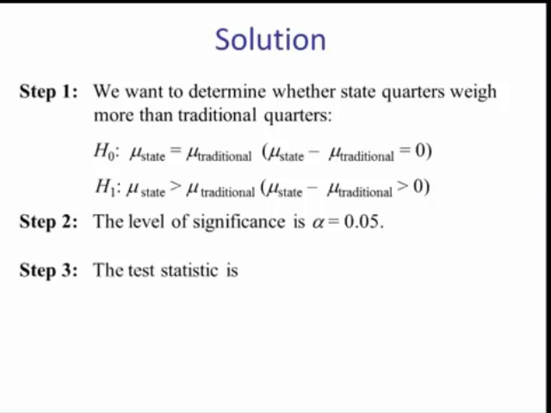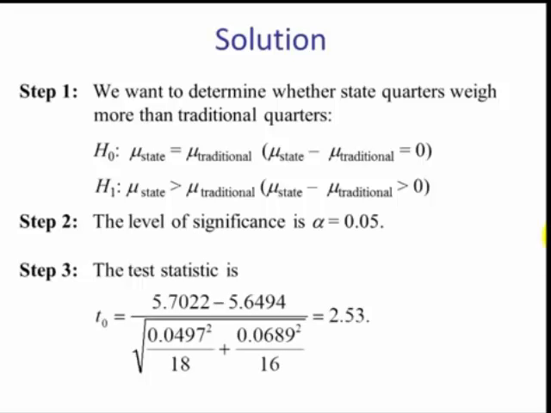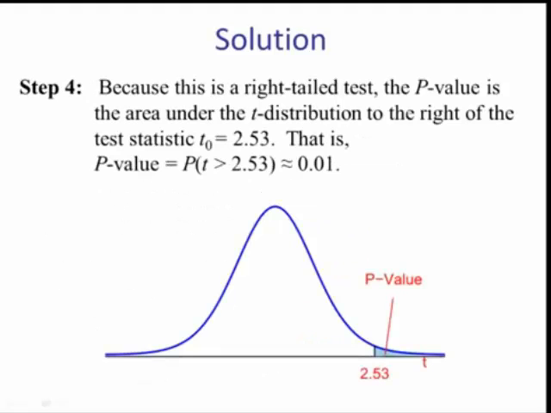Step 3, the test statistic is a t, and if we plug in these numbers, we see that t is 2.53. Step number 4, we compute the p-value. If we did this by hand, we'd have to use table 6, and we would see that the probability is approximately 0.01 according to the table.